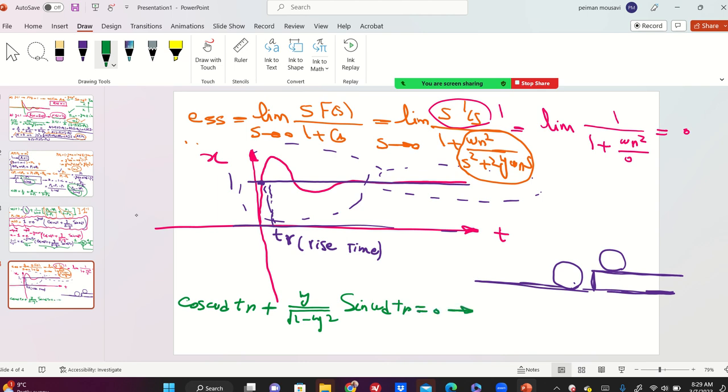Saying that you can get tangent of omega d tr equals minus the square root of 1 minus zeta square over zeta. Everybody agree? Yes?